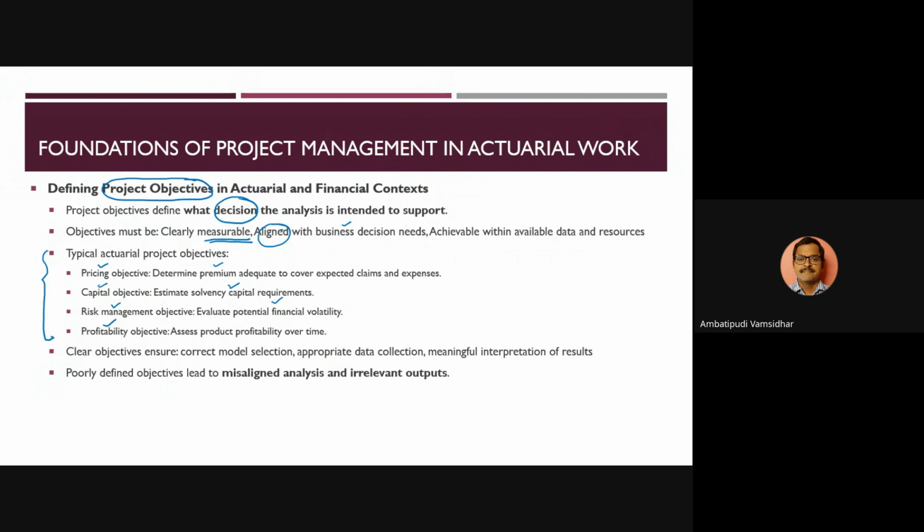The decision is to do a robust risk management. So all the objectives are properly aligned with the business decision needs. And you should also see that these projects are achievable with the available data and the available resources that I am having.